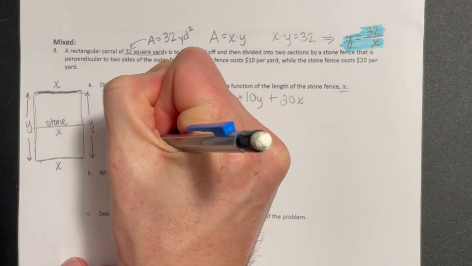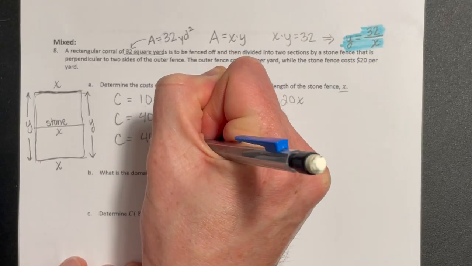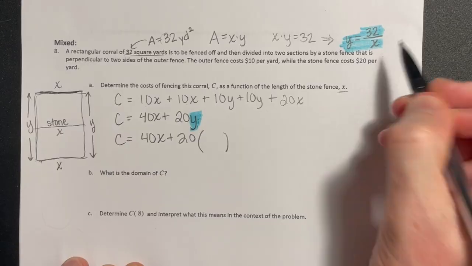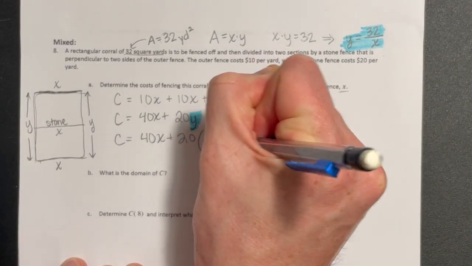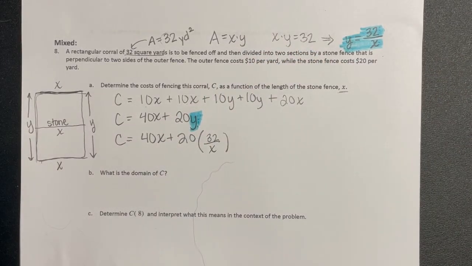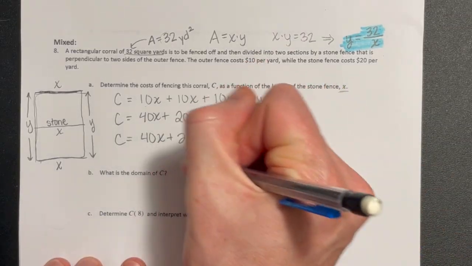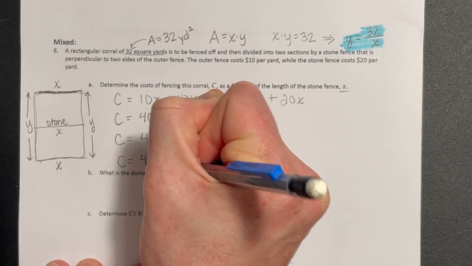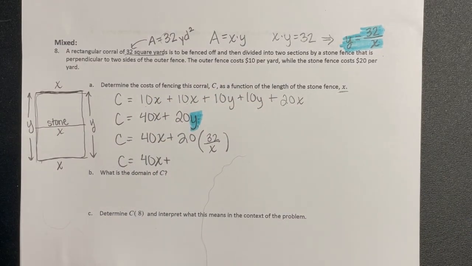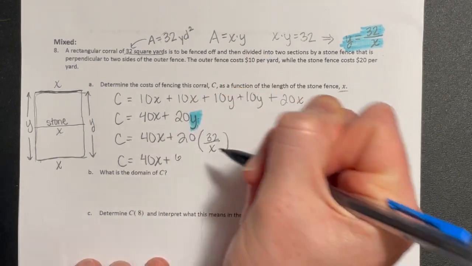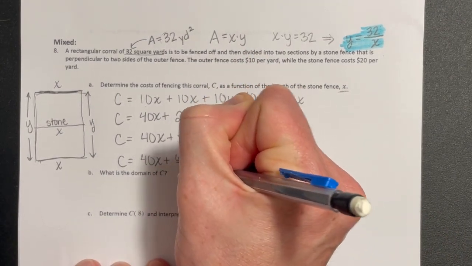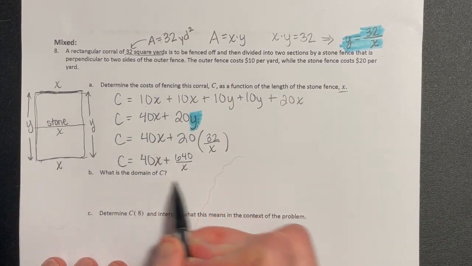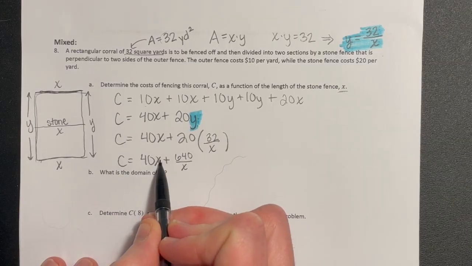So I now have a function that says C equals 40x plus 20 times 32 divided by x. We can multiply 20 times 32 over x and get a function that says 40x plus 640 over x. And that's one function in terms of x. So it's a function for C in terms of x.